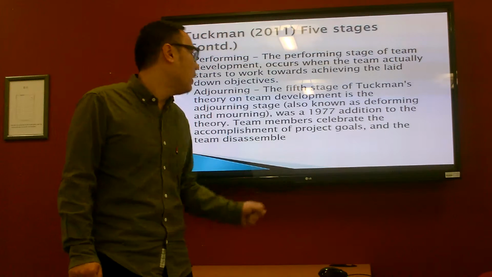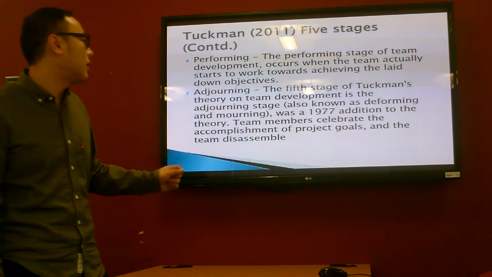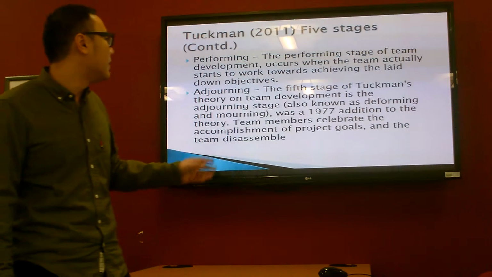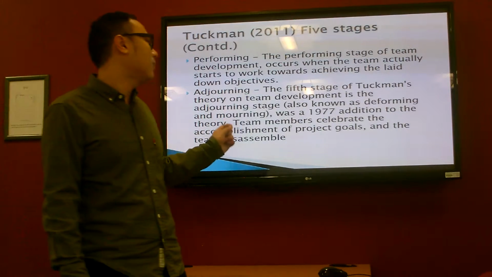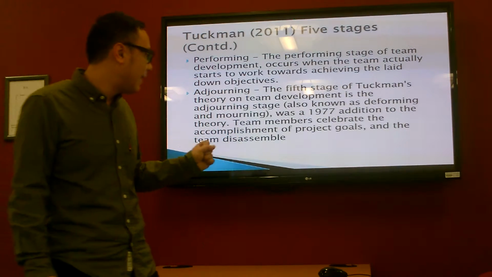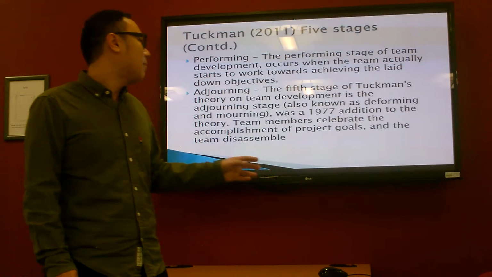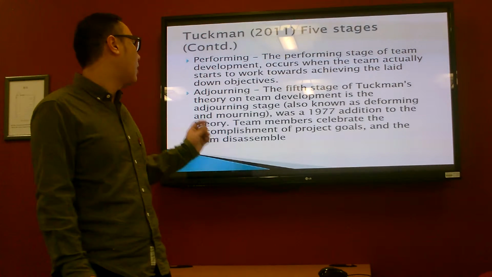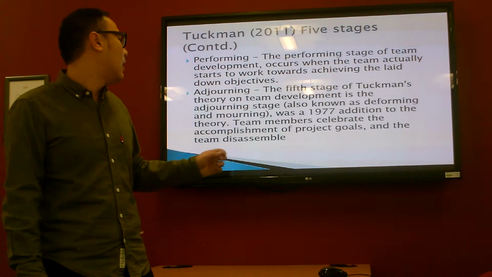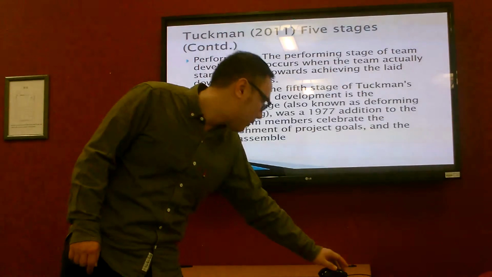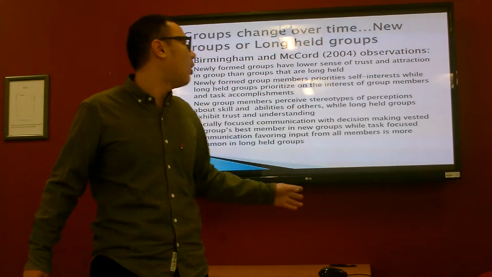Finally, the fifth stage of Tuckman's theory on team development is the adjourning stage. It was a 1977 addition to the theory. Then members celebrate the accomplishment of project goals and the team disassembles.